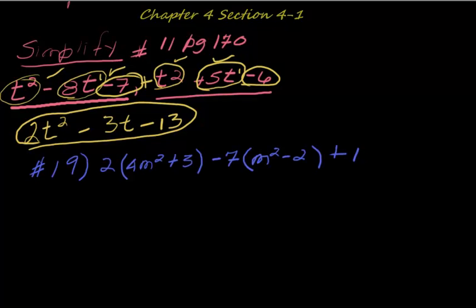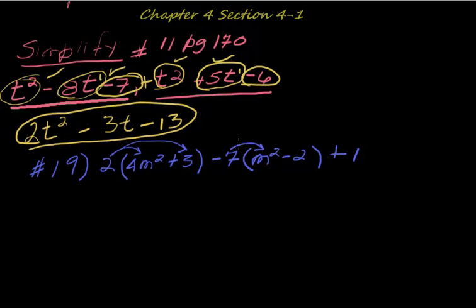Now, this is another problem. This is number 19 on the same page, 170. This is a little bit more complicated, though I don't think it's complex. It's more complicated because we are going to add in the distribution property here. In front of these parentheses, we have a coefficient.